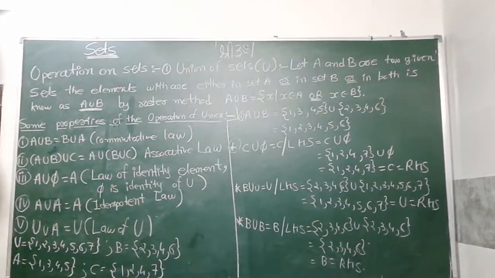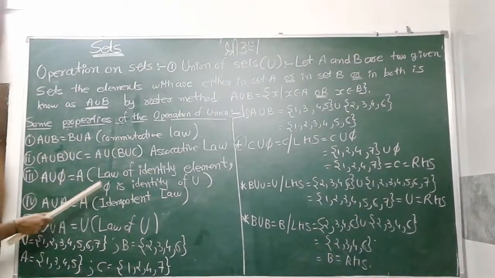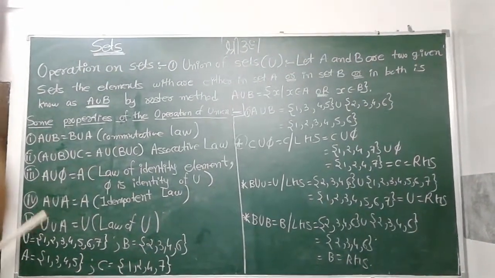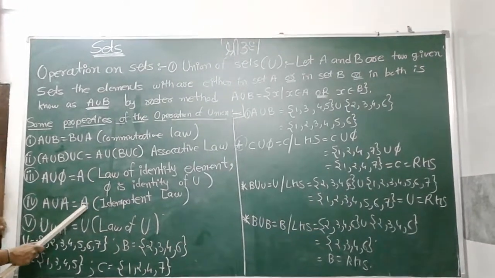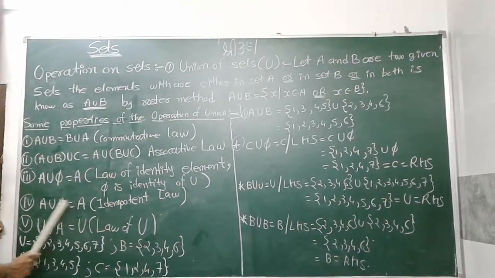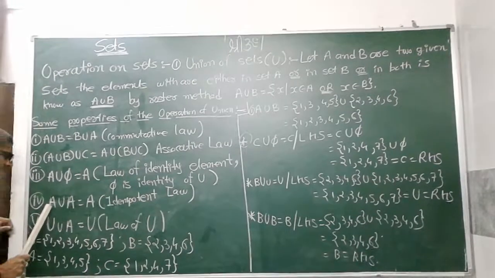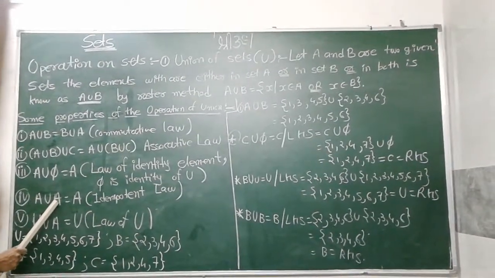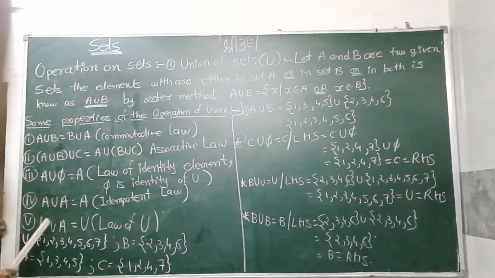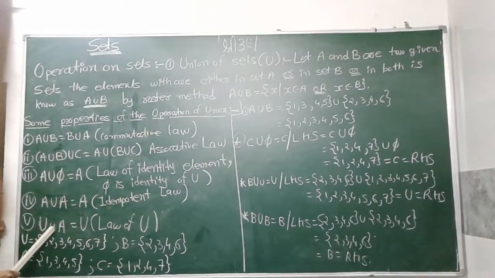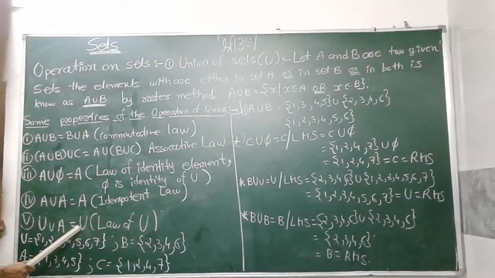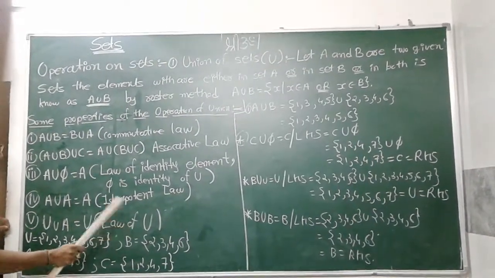Here the identity set is the null set over union. Now A union A is equal to A, that is known as the idempotent law. It means you take any set and take union with itself, you get the same set as the answer. Now universal set union A, obviously we get U, that is known as the law of U.